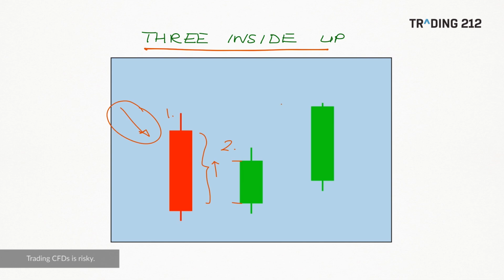Then the third and final candle is another green candle, and this is a longer body. What you're looking for with this one is for the close of that candle, that's the top of the body, to be higher than the close of the previous green candle, and even better if that can be above the high of this first candle.